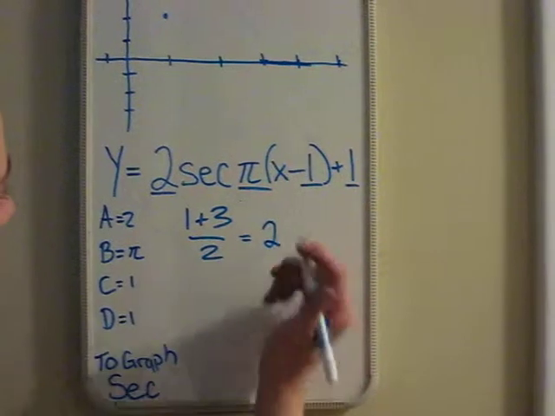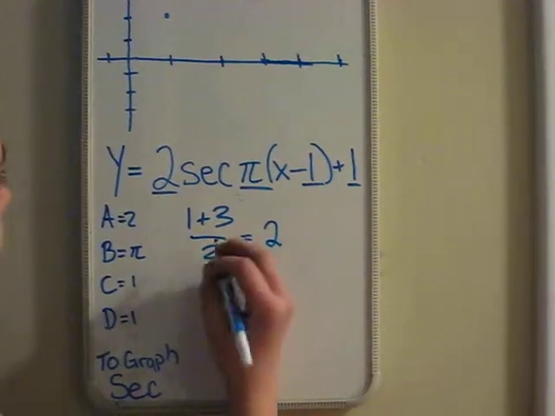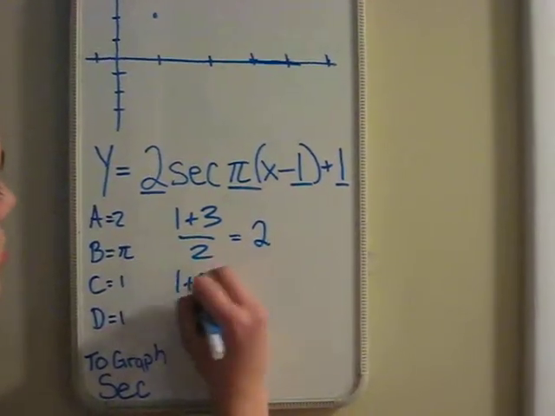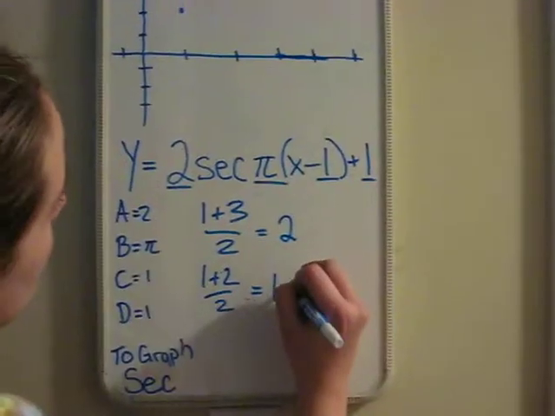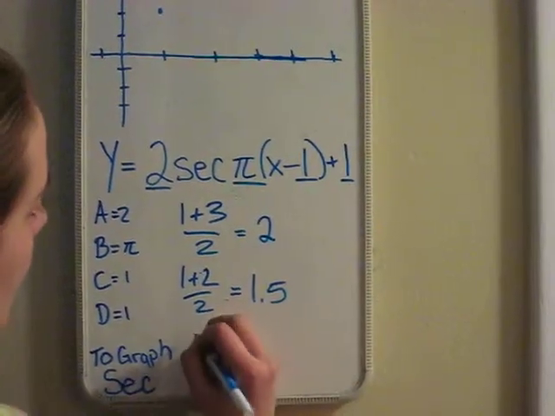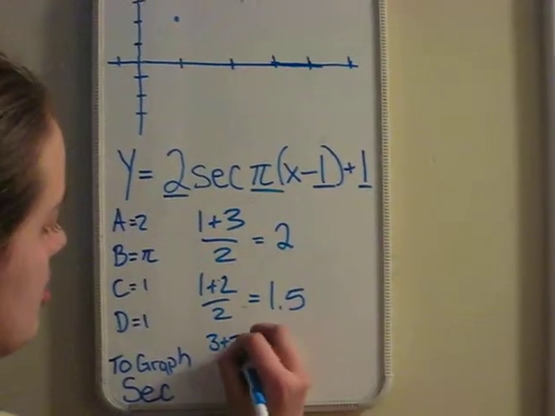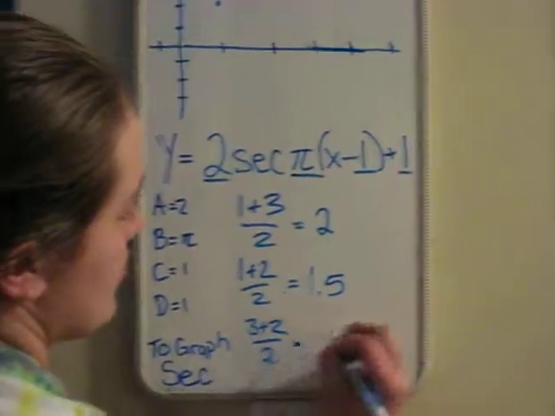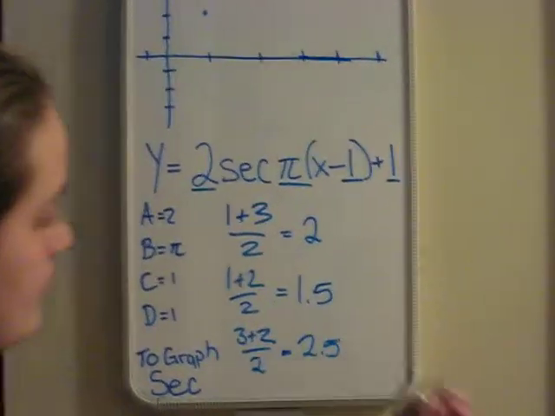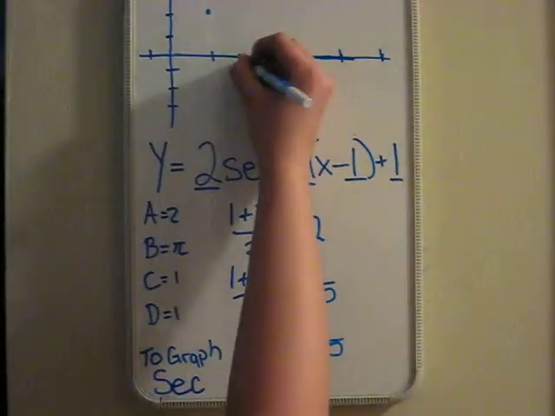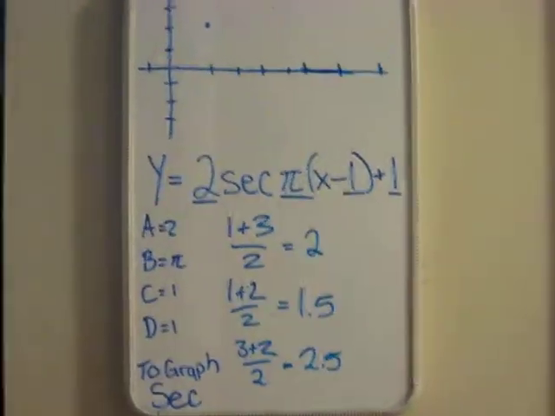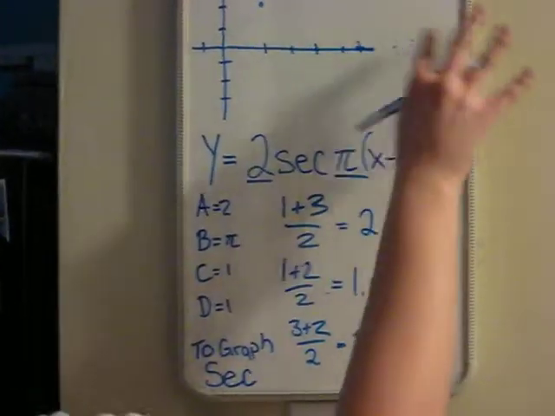Then we find the other 2. There's one halfway between 1 and 2, which is equal to 1.5. And halfway between 3 and 2 is going to be 2.5. So 1.5, 2.5.